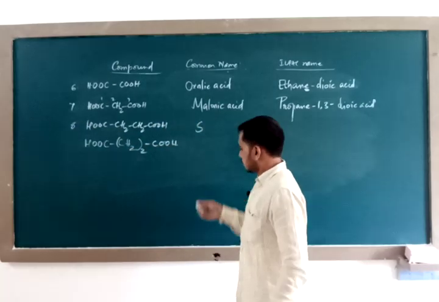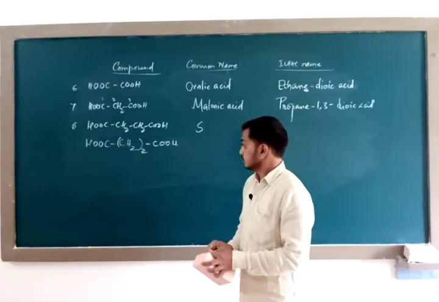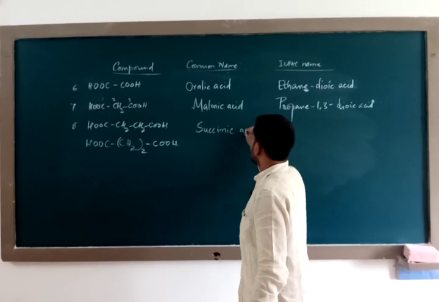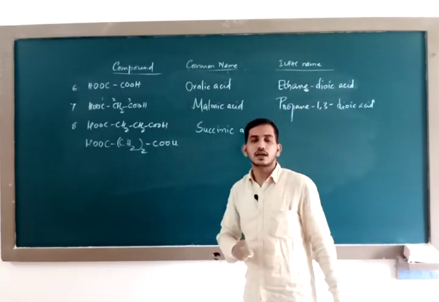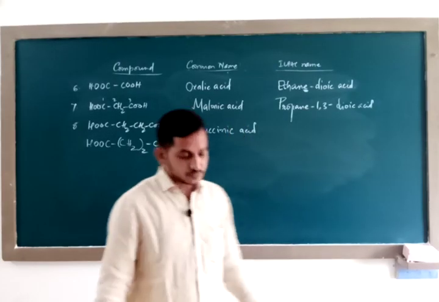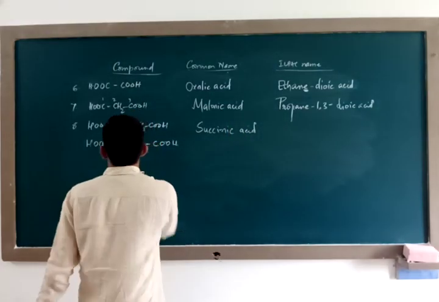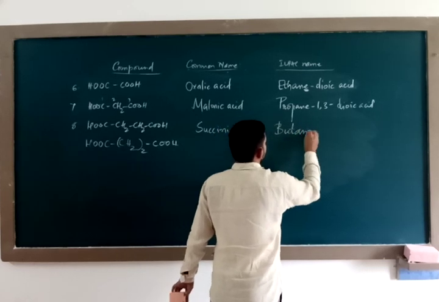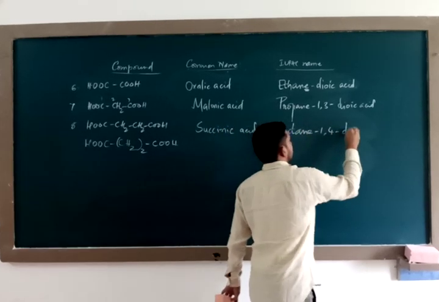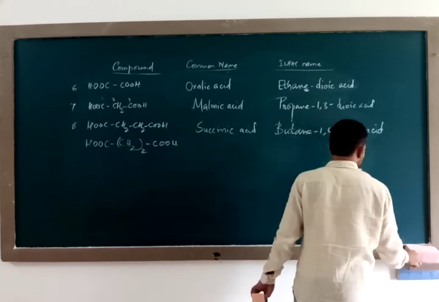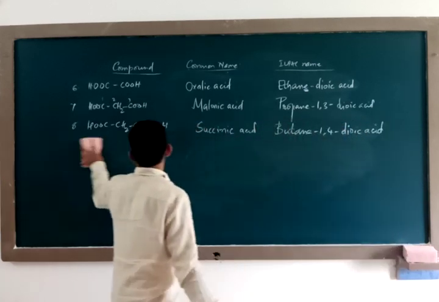This compound is called succinic acid. Try its IUPAC name. Its IUPAC name should be, with four carbons, butane 1,4 dioic acid.